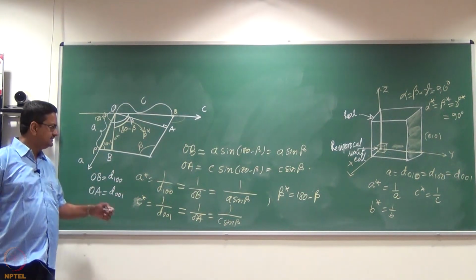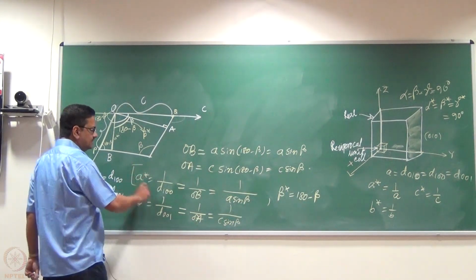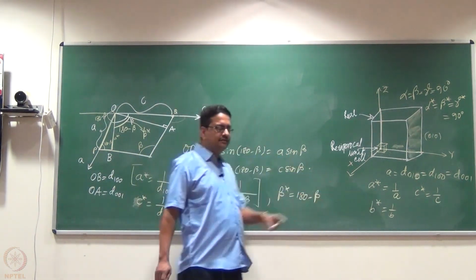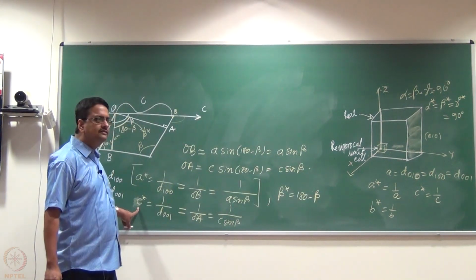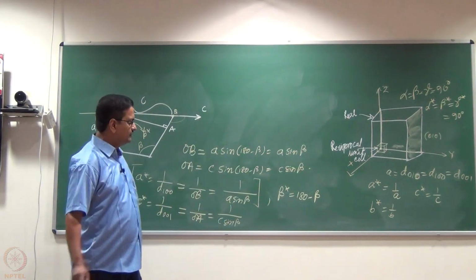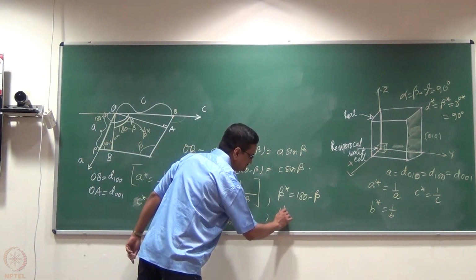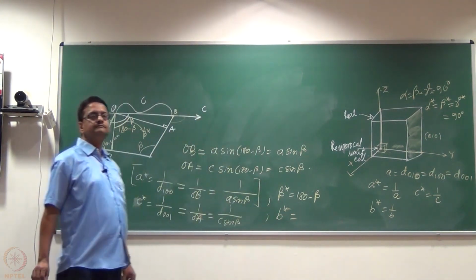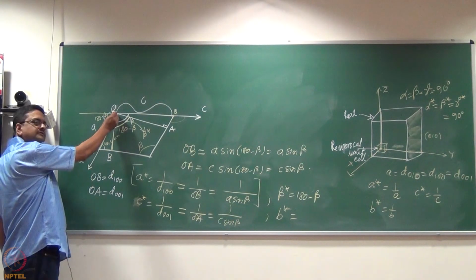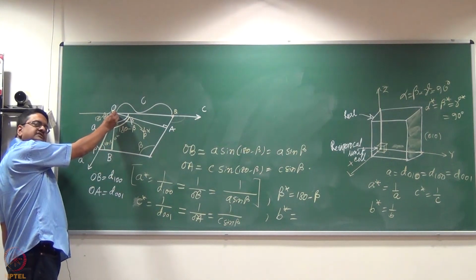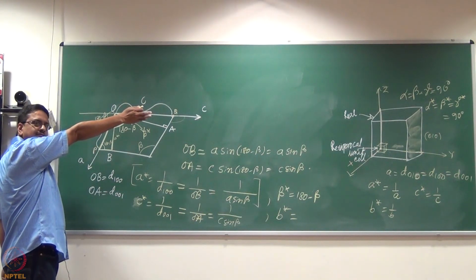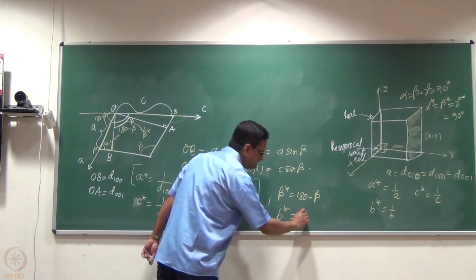So now in monoclinic system, A star is 1 by A sine beta, not only 1 by A. C star is 1 by C sine beta, not just 1 by C. What is B star? B is perpendicular to both C and A. So the situation is like cubic. So B star is just 1 by B.